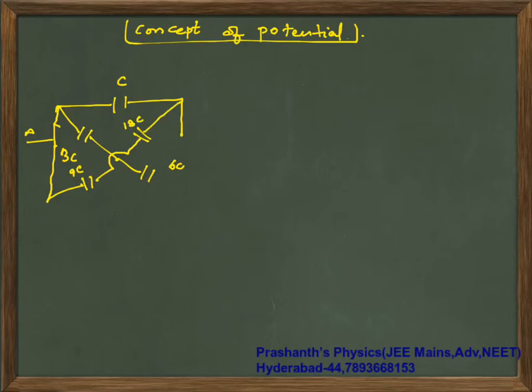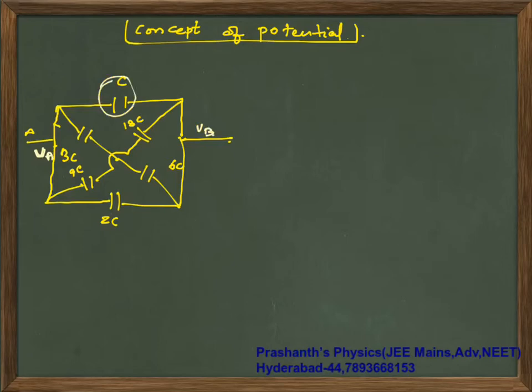Now if you connect it like this, and this part is 2C, if you mark the potentials here, this is VA, this is VB.